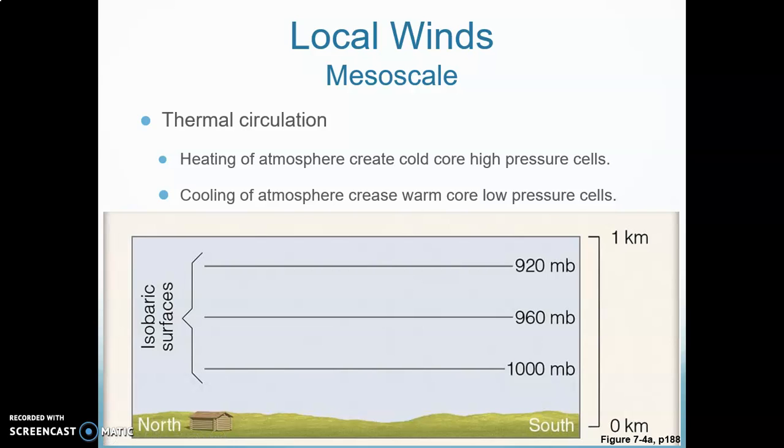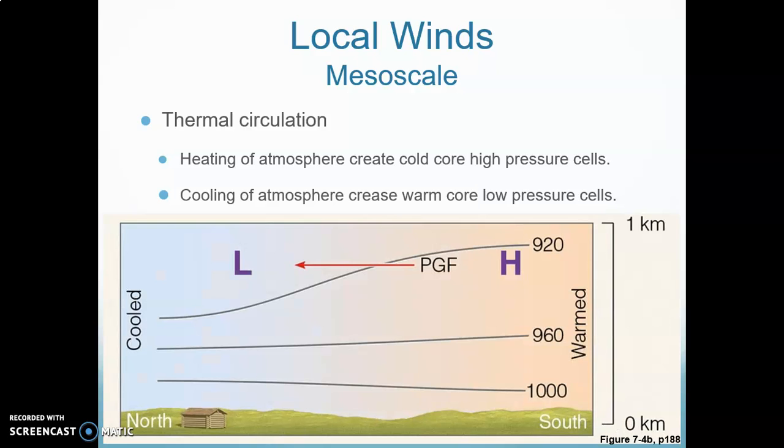First of all, let's assume you have an area where everything is uniform: the temperature is equal, the pressure is equal. Then in the south, let's say that the sun heats up the air a little bit more and the air in the north gets cooled. As a result, in the south, because the warmer air is expanding, that causes the isobars to rise.